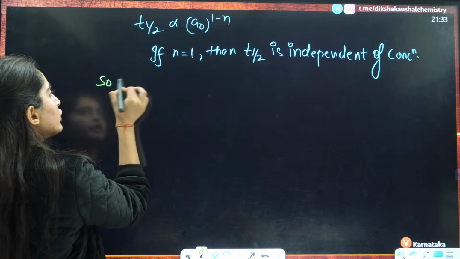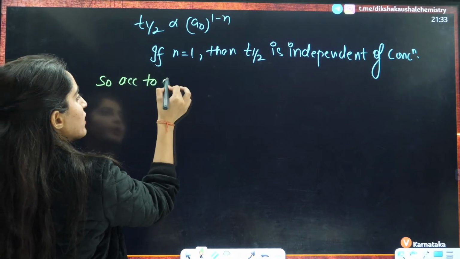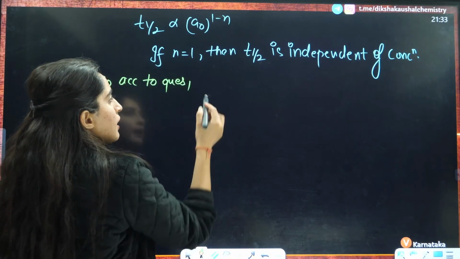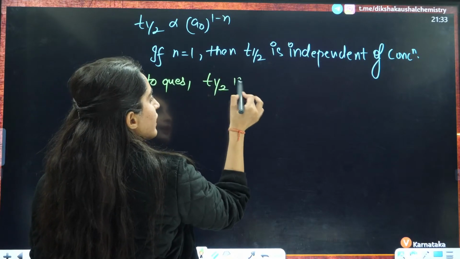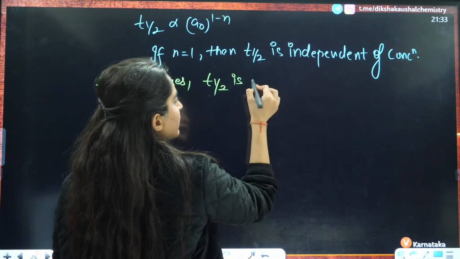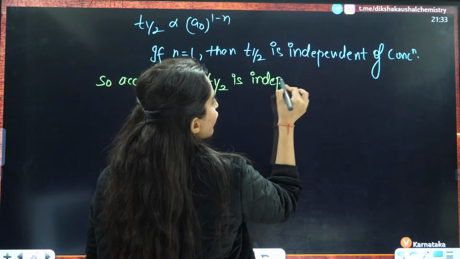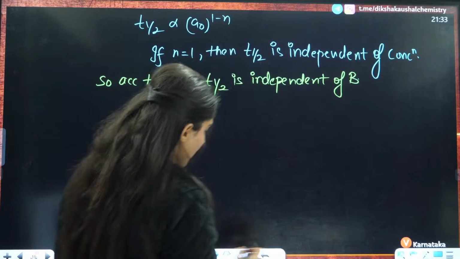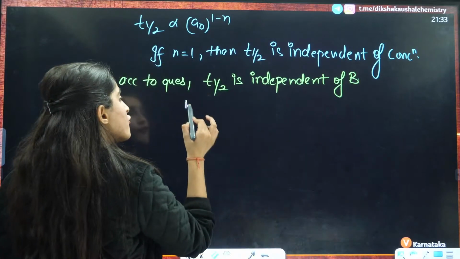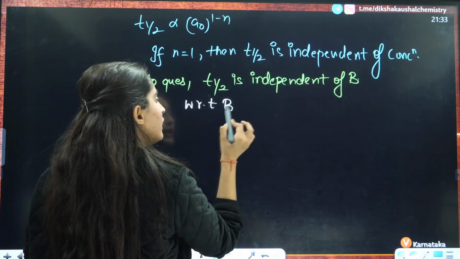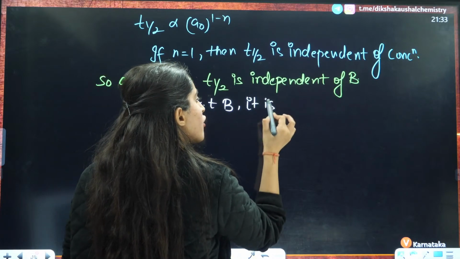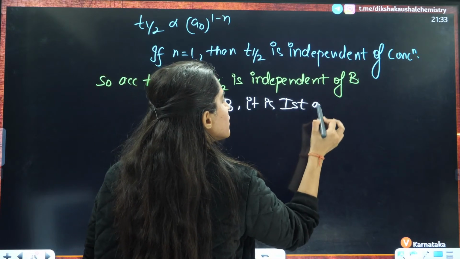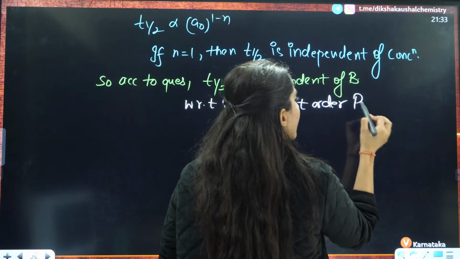So according to the question, T half is independent of B. That means with respect to B, it is a first order reaction.